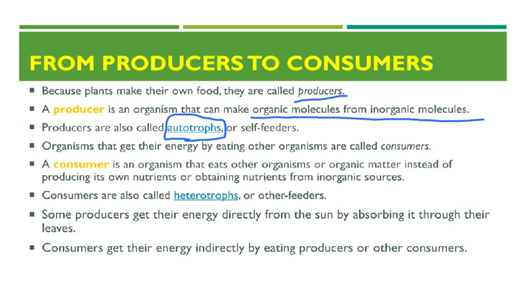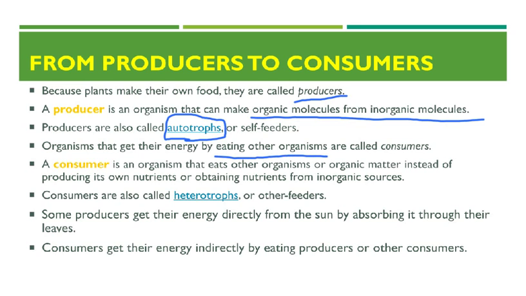Now, most of the time we think of plants and photosynthesis. In a couple of slides, we'll talk about a slight exception. And these are the autotrophs. All right, any organisms that cannot make their own food, cannot get these organic molecules from inorganic molecules, are organisms that need to eat other organisms.